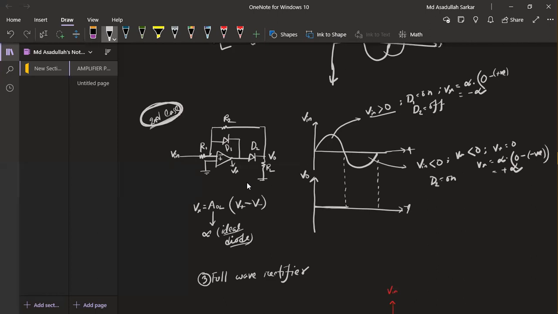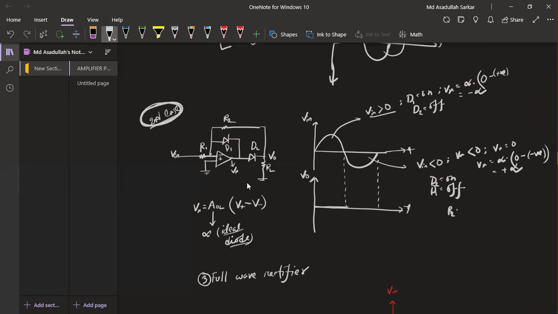As V input is in the negative half cycle, D1 will be off. In that case, the current will flow via R1 and R2, and the output voltage will be V output.